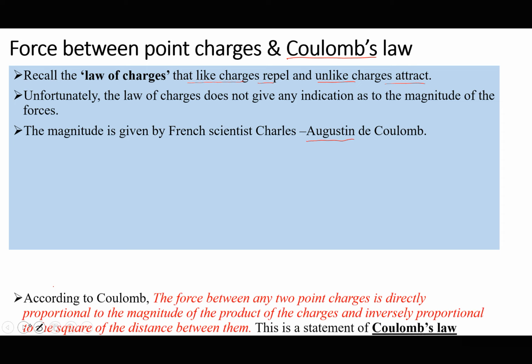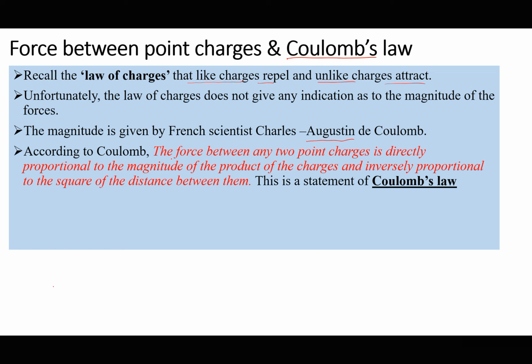According to him, the force between any two point charges was directly proportional to the magnitude of the product of the charges and inversely proportional to the square of the distance between them, or the square of the separation between the charges. This is a statement that we normally call Coulomb's law.